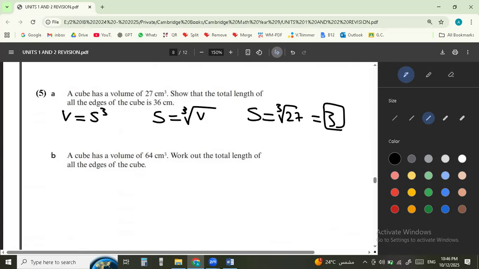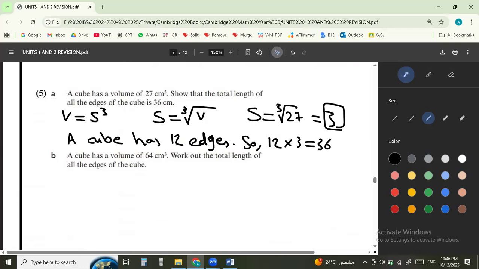You took it in year 5, year 6 and year 7 as well. A cube has 12 edges, which is the same as 12 sides. So it is 12 sides times, we found that the length of one side is 3, equals 36.